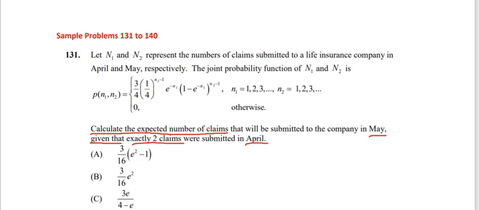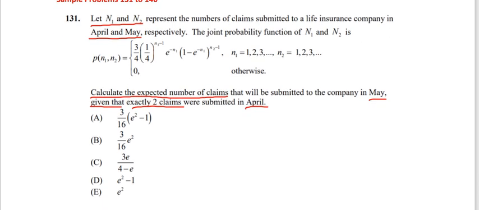First, we want to know what variable is about May and what variable is about April. So here say N1, N2 for April and May, right? So this means we need to find this.